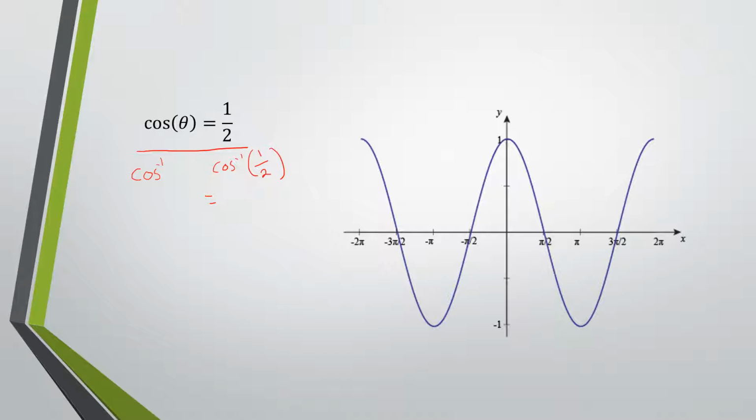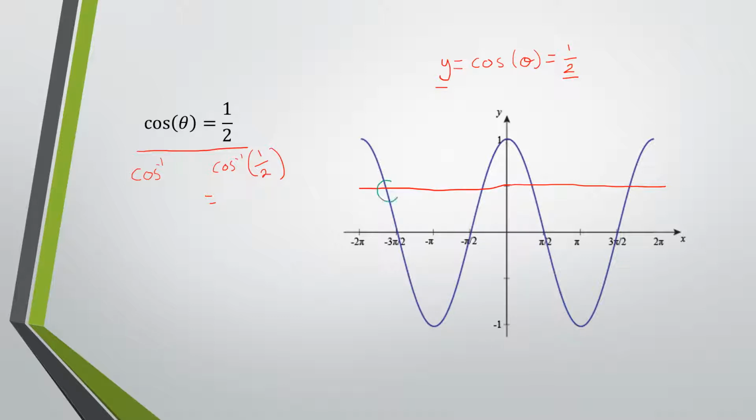But when we think about what this actually means, in terms of our cos graph here, this is our graph of y equals cos of theta. And we're wanting to find where this is equal to half. That means we're wanting to find where y is equal to half. If I was to draw a line along here, we're getting our values where cos theta is equal to a half.